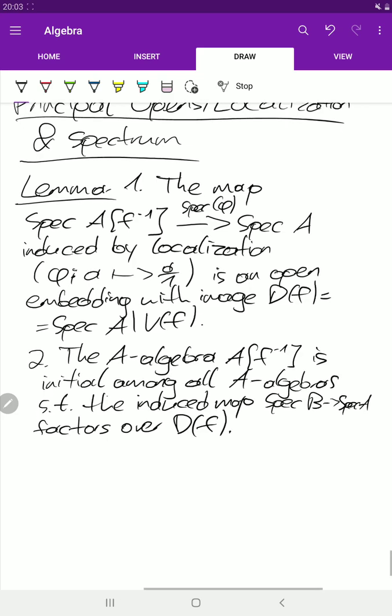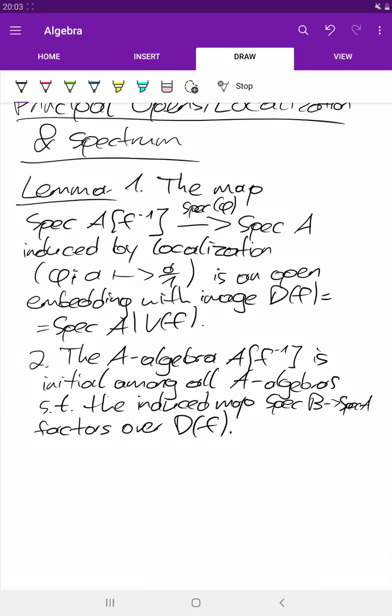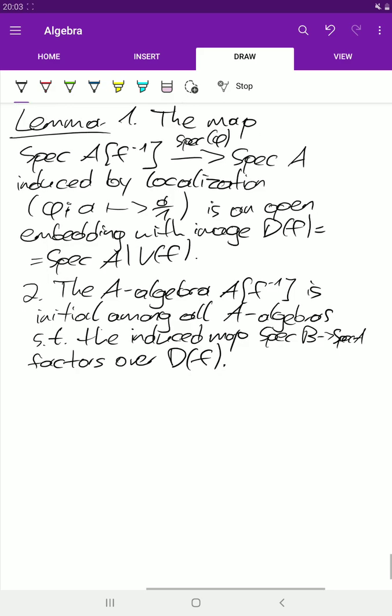And I'll tell you later what initial means. This is just some term from category theory. Okay, so let's prove the first part.